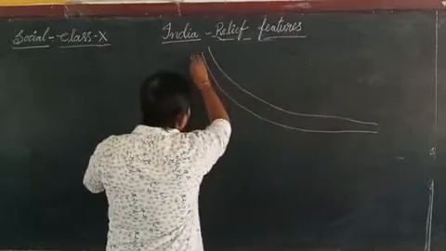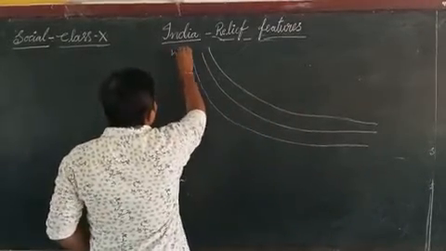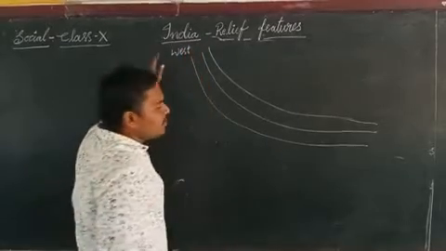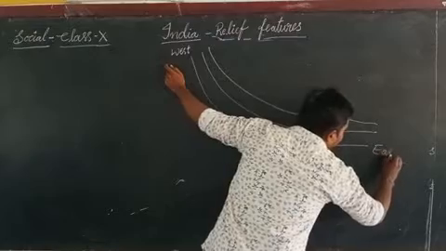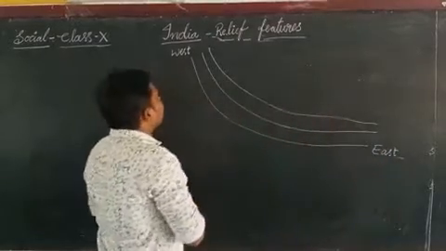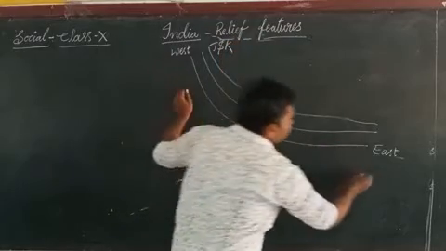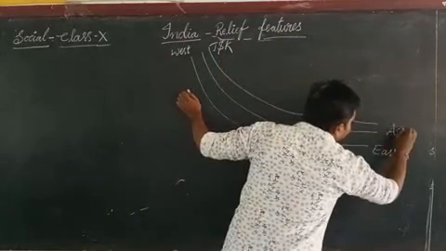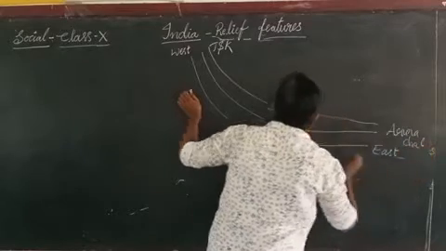In the arc shape, the Himalayas are extended from the west part of India to the east part of India, from Jammu and Kashmir to Arunachal Pradesh.